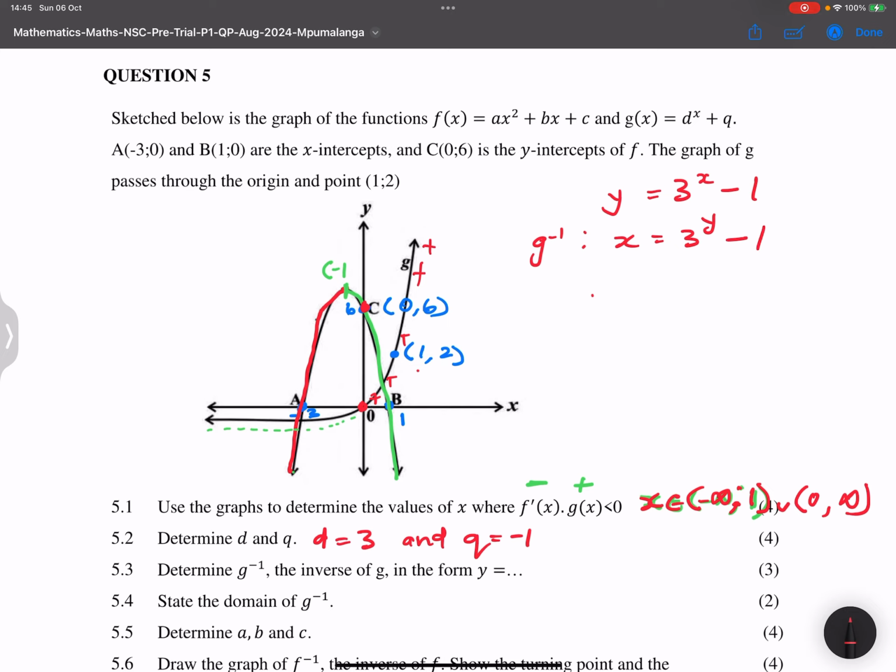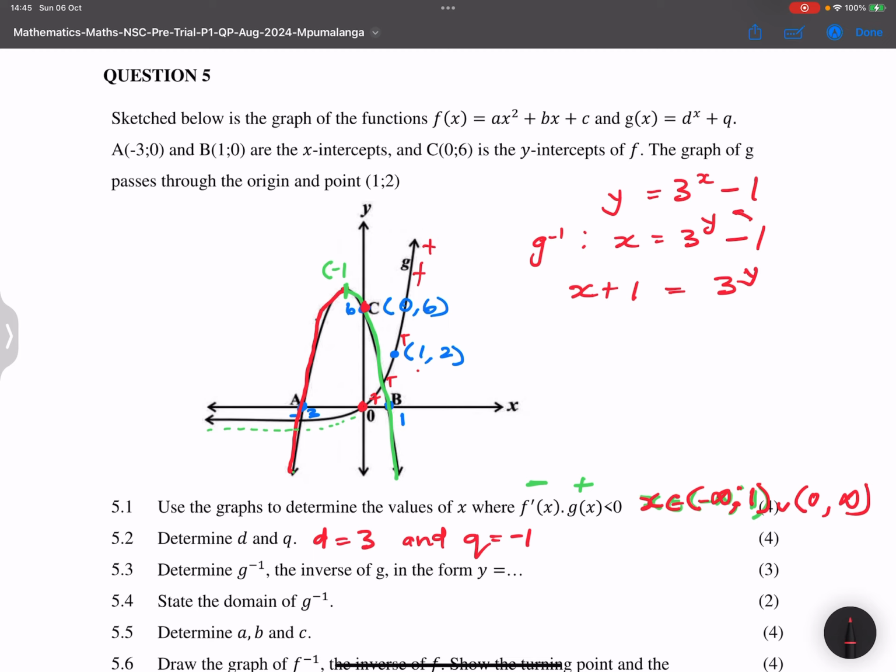So we need to turn this into something that has y is equal to. So let's take the 1 to the other side. So that's x plus 1 is equal to 3 raised to the exponent y.